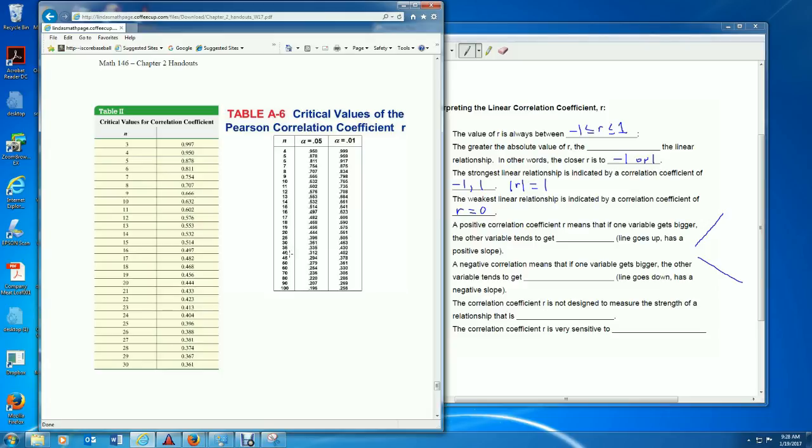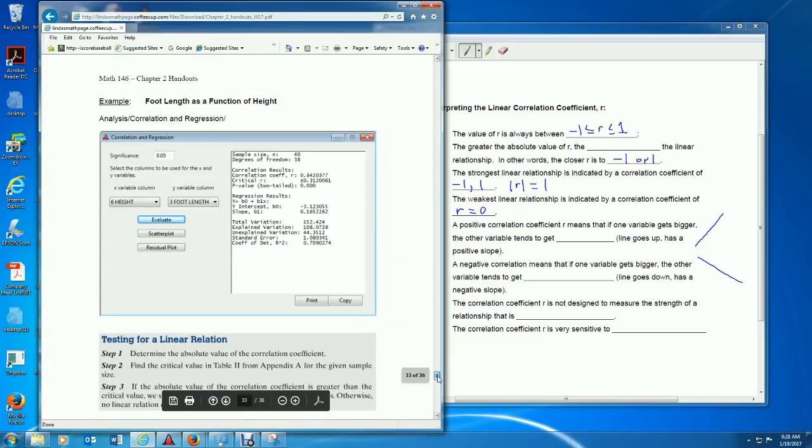So for a sample size of 40, the critical value of R is 0.312. And really what that means is plus or minus 0.312, because R could be either positive or negative, depending on whether your line is going up or whether it is going down. And like we see, the 0.312, that's exactly what StatDisk tells us.